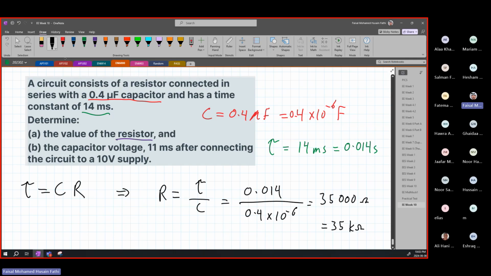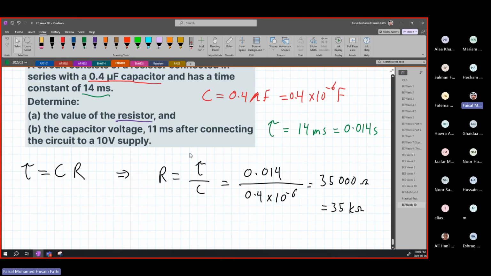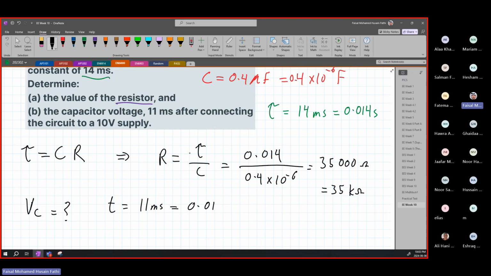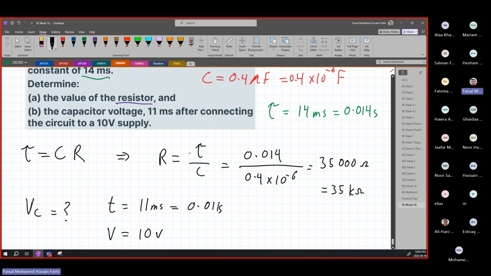All right. And now they're asking to find the capacitor voltage. So VC, we need to find that 11 milliseconds after connecting the circuit to a 10 volt supply. So our time is equal to 11 milliseconds, or in other words, 0.011 seconds. After connecting the circuit to a voltage V of 10 volts. Okay?